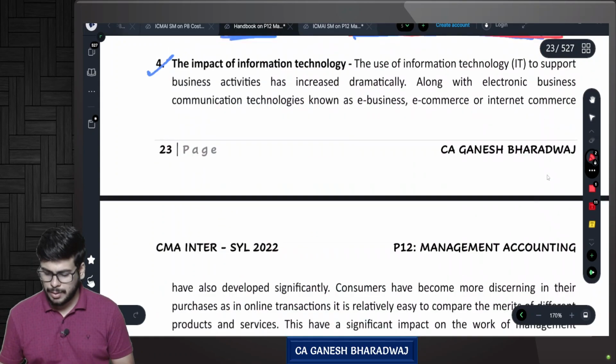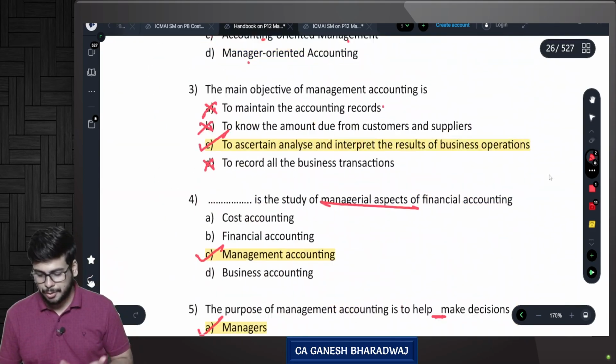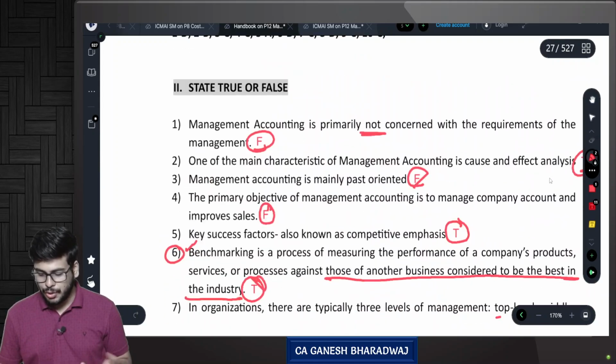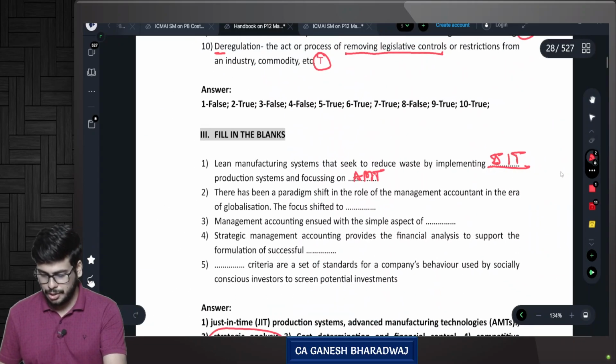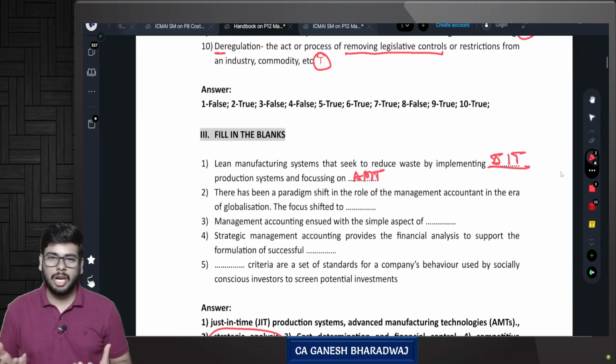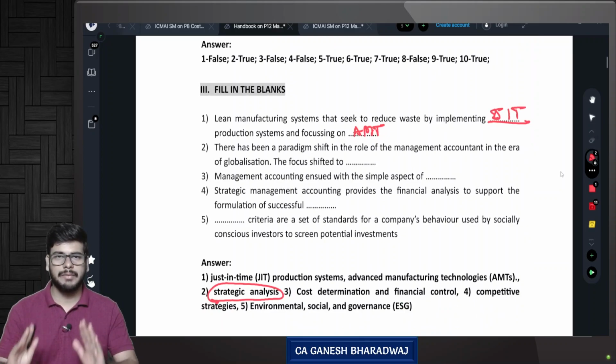Now you might have a question, sir, in this entire chapter so much theory is there, and in one sentence alone they are giving it like this. How will we know, sir? Absolutely, how will you know? See, if they are giving something logical, MCQs, true or false, you can write. Now, this is one challenge with respect to fill in the blanks. What I will suggest is you only do the fill in the blanks that are given in the study material.